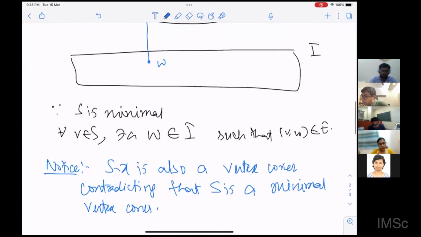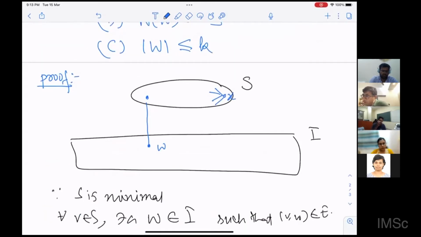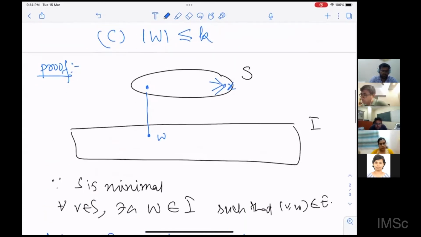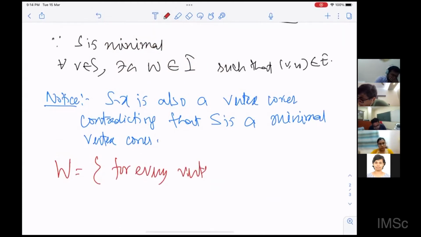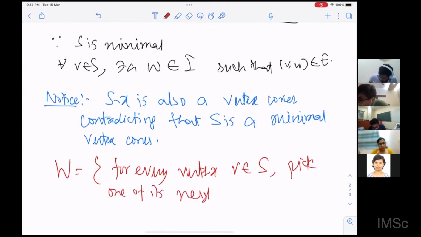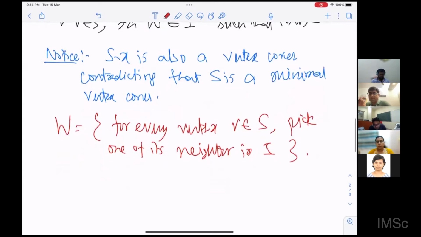So because of minimality, for every vertex in S, there is a neighbor in I. Now, how do I construct this W? The construction of W was very simple. For every vertex v in S, pick one of its neighbors in I. Clearly, for every vertex v in S, we have picked just one neighbor.